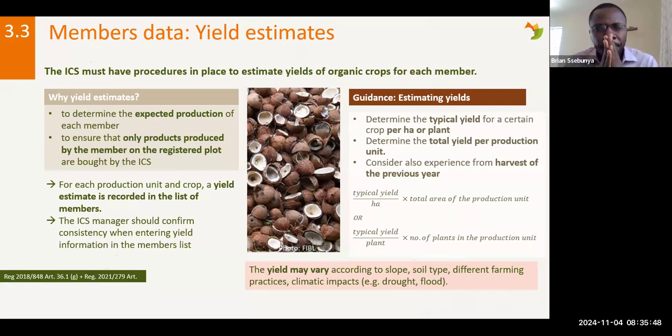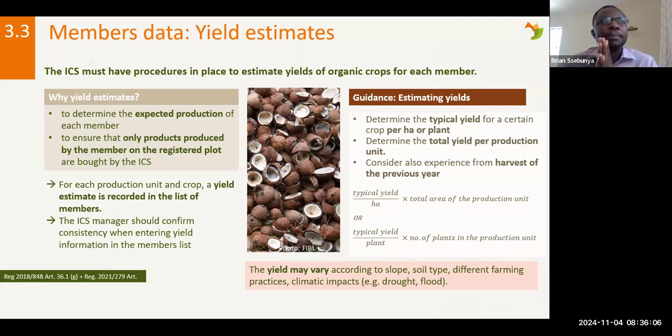Very good question. I would go to FAOSTAT values if I don't have any other, because remember, this is based on a lot of aggregation.